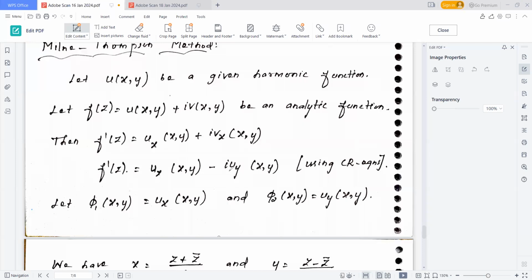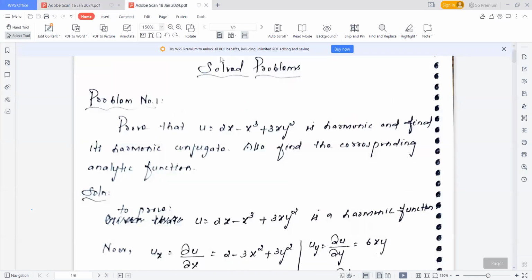So vx will be vx and ux will become vy. So if u is given, then we use the formula for f dash of z with ux and uy. If they give the imaginary part, then we have to change the formula for f dash of z to vx and vy. That's all. Okay, so next we will see the problems related to harmonic functions.